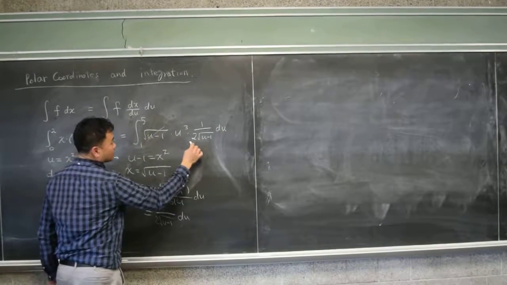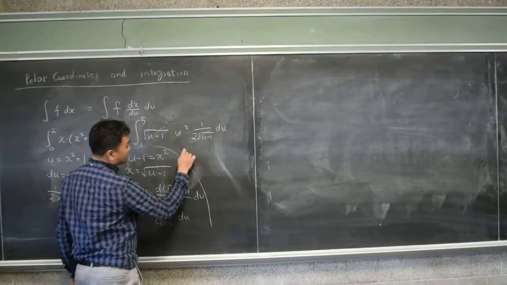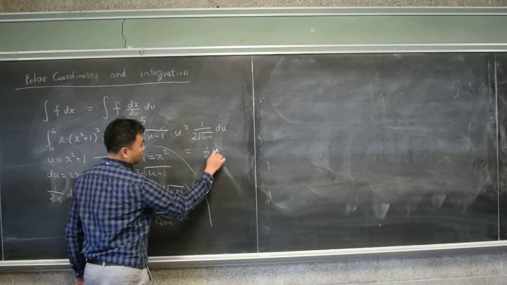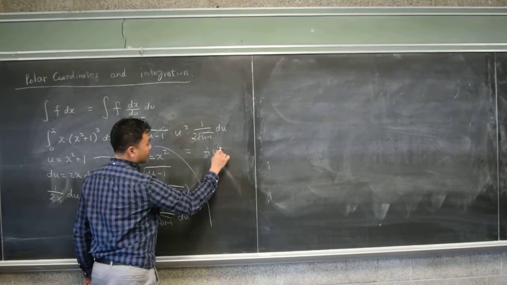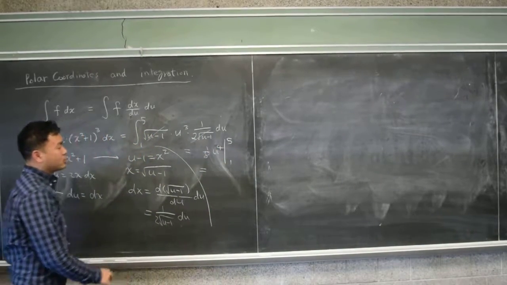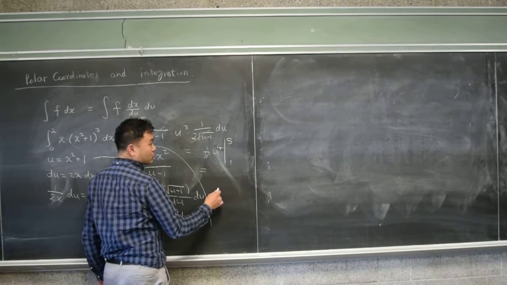They cancel, and you compute this. Let's see, what's the answer? This is 1/8 of u to the fourth, and you're doing 5 minus 1. 5 to the fourth is 625, minus 1 is 624, divided by 8.